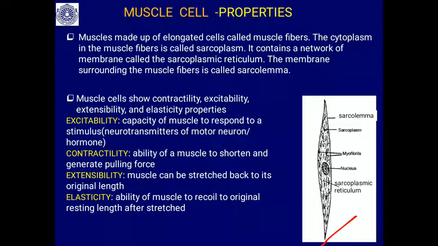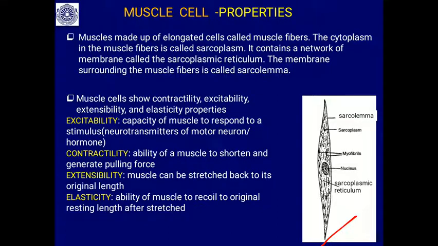So the cytoplasm is called sarcoplasm. Then the plasma membrane is called sarcolemma. Then the endoplasmic reticulum is called sarcoplasmic reticulum. Then mitochondria are called sarcosomes. All these structures are there. It's a typical cell, a specialized cell, to perform a particular function.